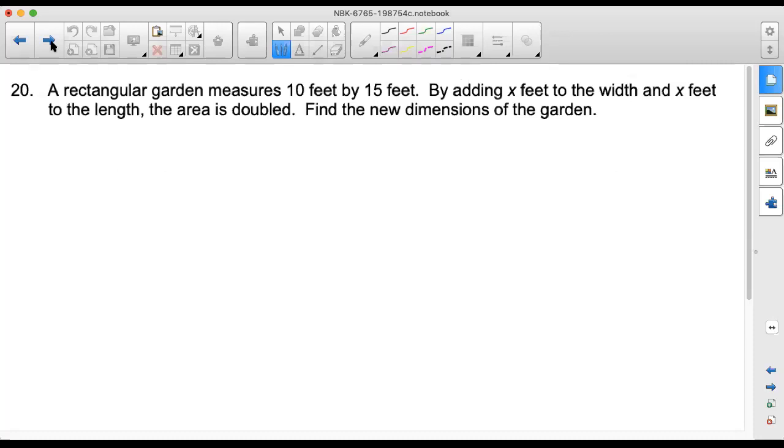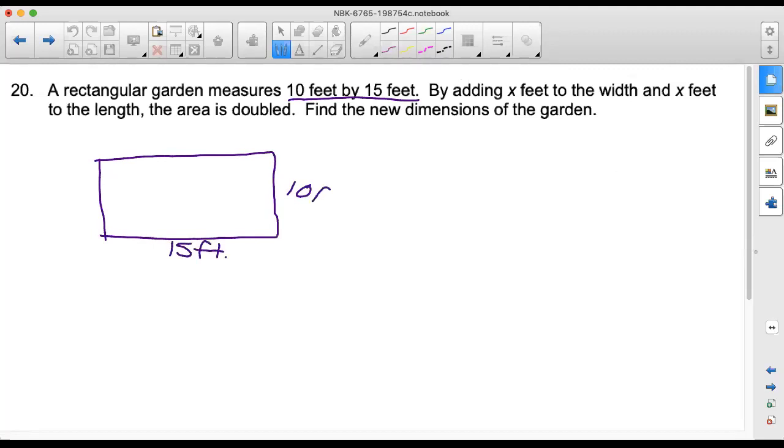All right. So it says a rectangular garden measures 10 by 15. I'm going to draw my garden. We have 10 feet by 15 feet. We are adding x feet to the width and x feet to the length.